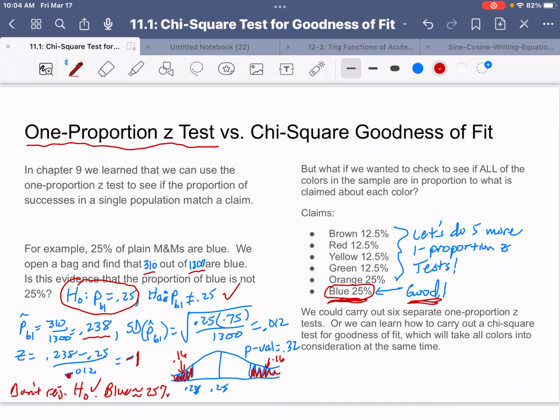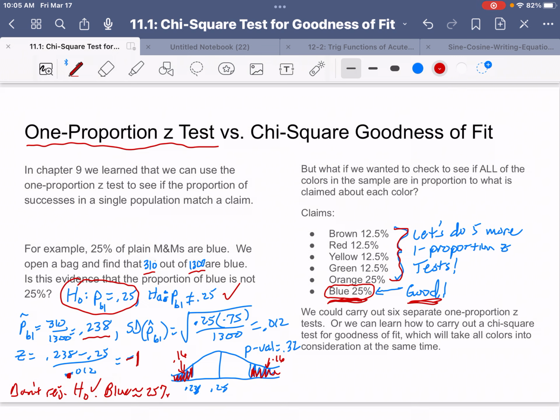Well, what if instead of checking one color, the statistician working at the M&M's factory wants to check all of the colors at once? Well, he's already carried out a one proportion z-test and found out that the percentage of blue is good. Well, he says, why don't I just run 5 more one proportion z-tests?